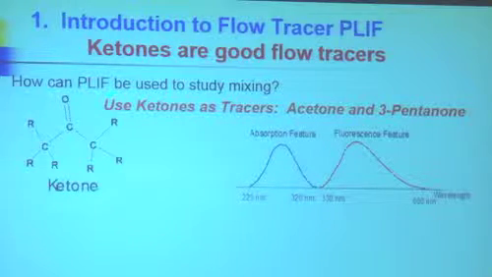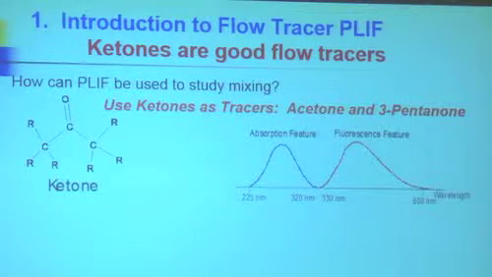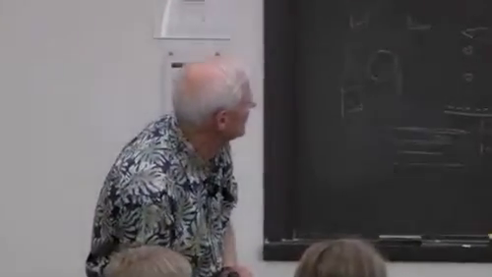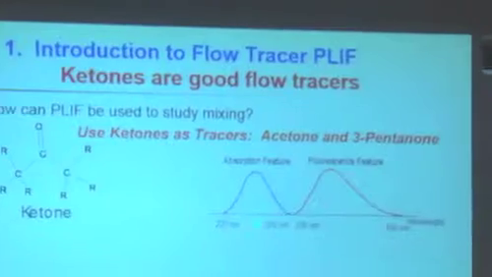When you excite one of these big molecules, if you look at the absorption spectrum, it's kind of a continuum. It's not discrete lines. The advantage of this big molecule is that all the lines overlap to the point that it's just a continuum. They tend to be centered at around 250 or 260 nanometers.